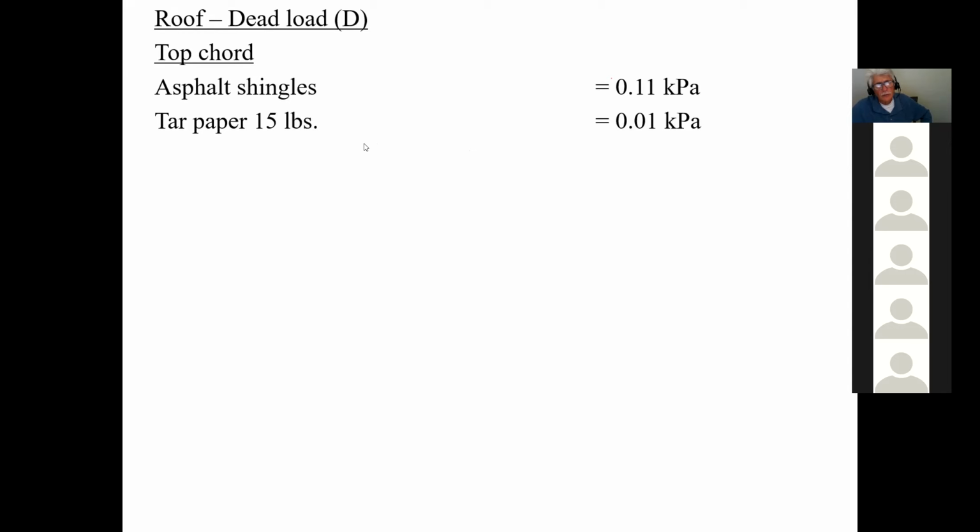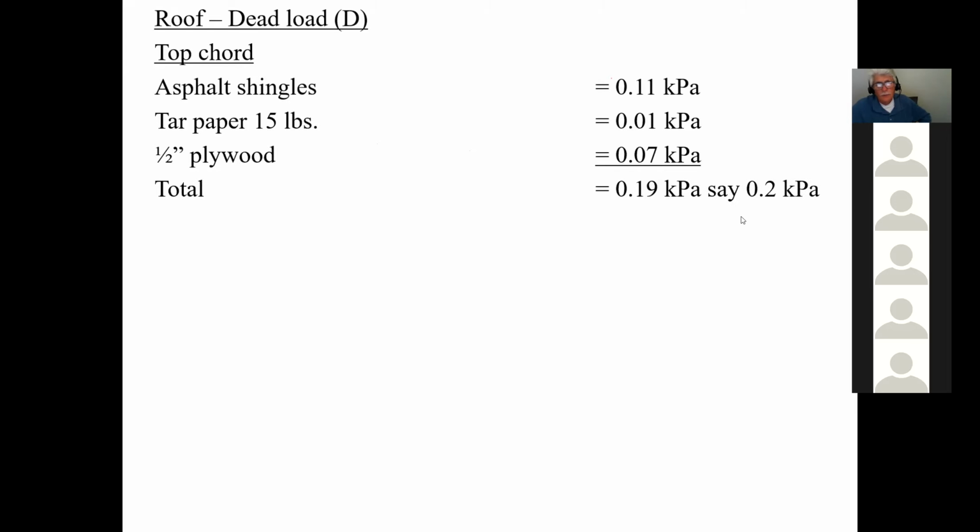And then what else do we have? We have the 1/2-inch plywood. Okay, and of course, I don't have to worry about the weight of the member itself because ADA calculates the weight of the member, and therefore I'm going to add 0.2 kPa to the top chord.